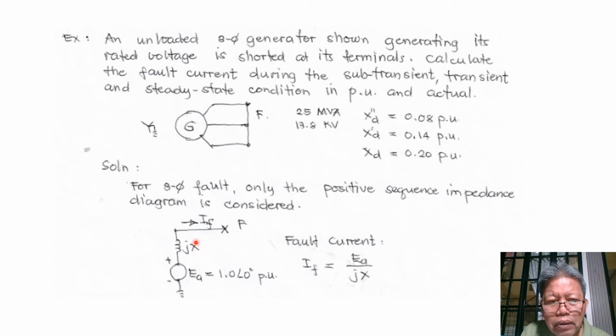Since our impedance network is very simple, we can immediately determine the fault current IF, which is just equal to the voltage Ea divided by the reactance of our generator GX.